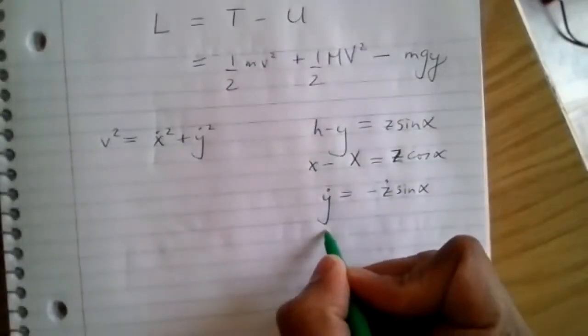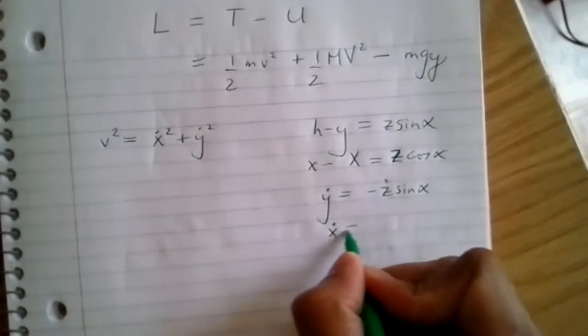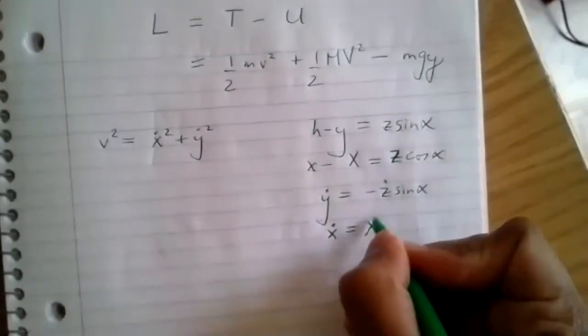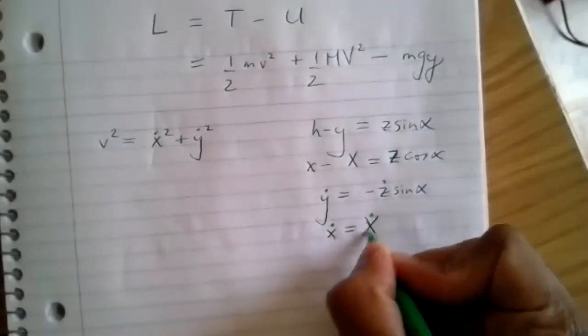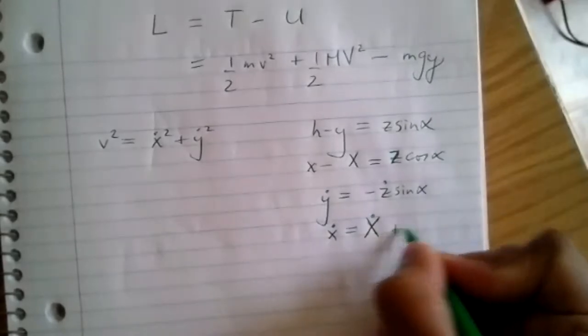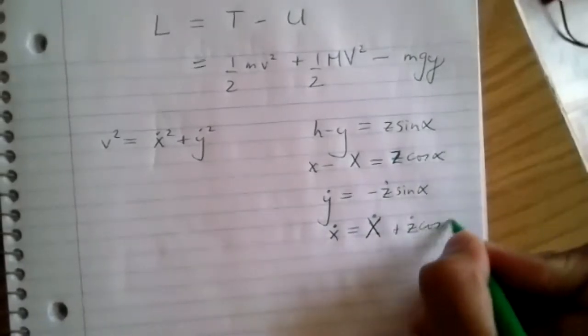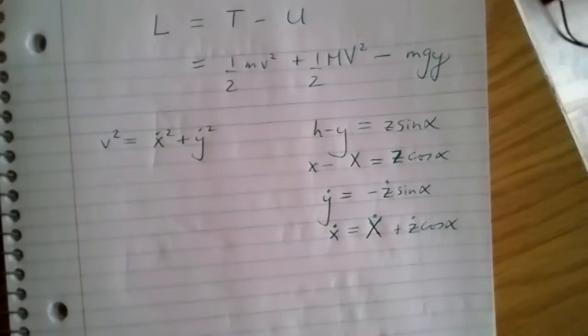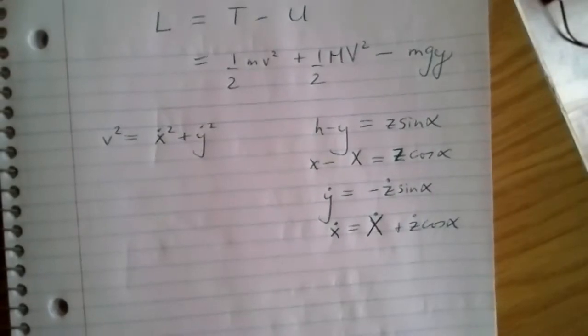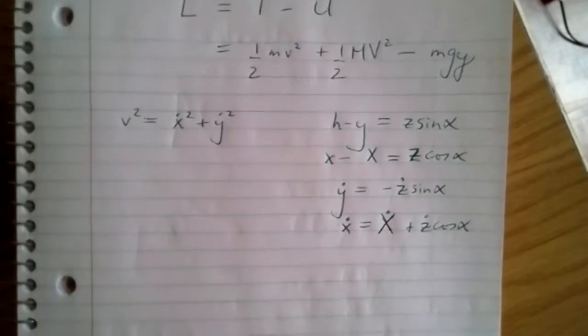And we have x dot is equal to big X dot plus Z dot cosine alpha. Oh, and also, of course, stop me if I make any mistakes.